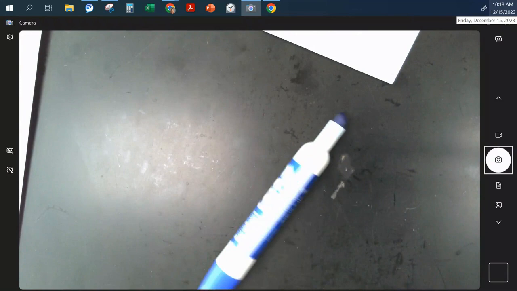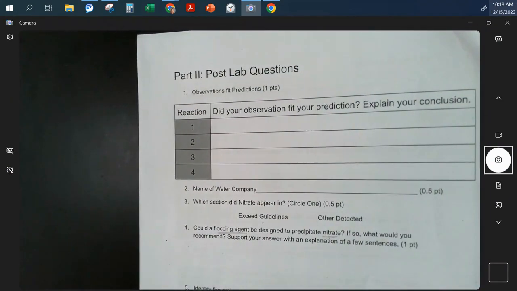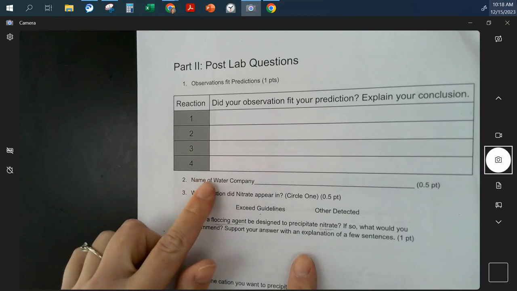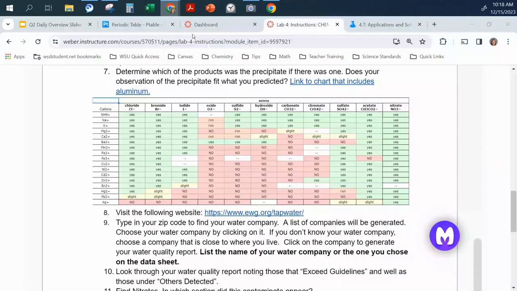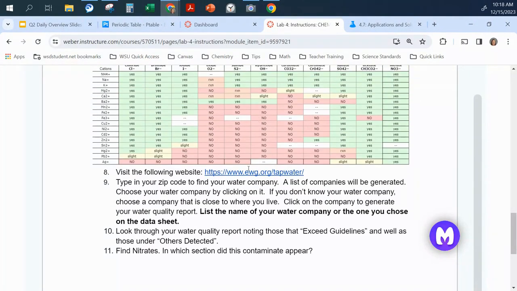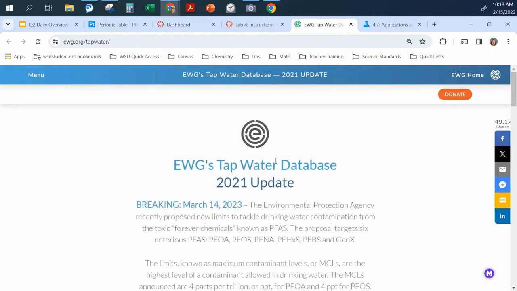Let's see, what else do we need to talk about? Then we need to look at the post-lab questions for the second part. So the first thing we're going to do is look up a water company. On the instructions page, it has this website here, ewg.org/tapwater.